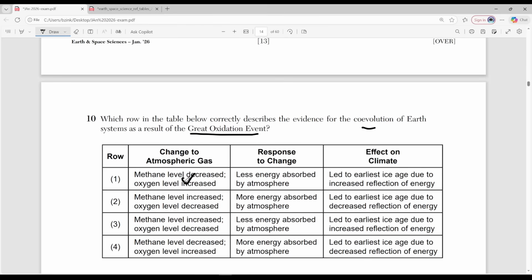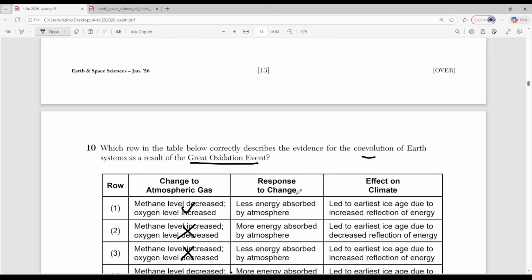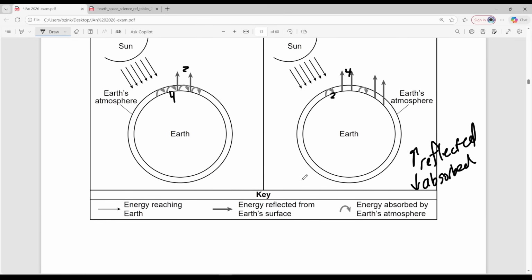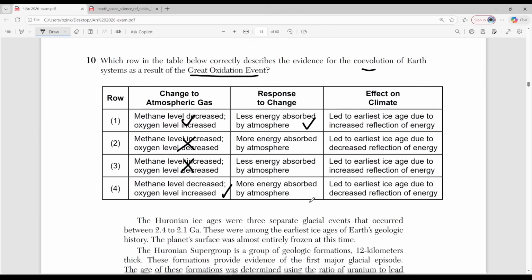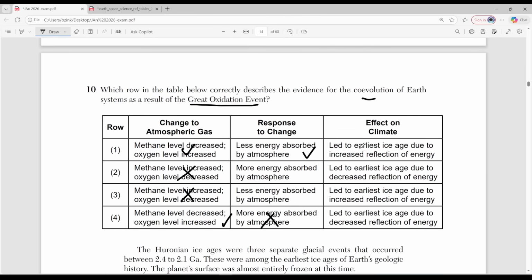So watch how I do this. This one's wrong, and this one's wrong. So now we're between 1 and 4, just based on the first column. Less energy absorbed by the atmosphere. That's true. More energy absorbed by the atmosphere. Wrong. It's automatically 1. But let's just see: led to earliest ice age due to increased reflection.